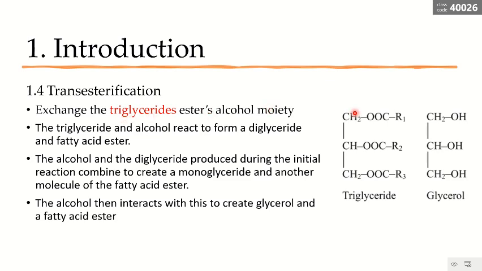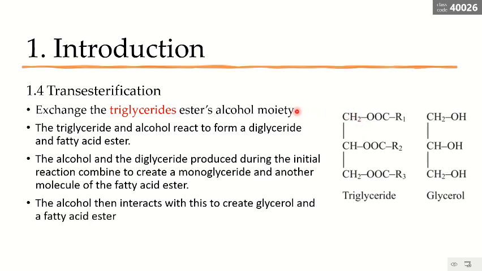So this triglyceride looks like this, right? This is the alcohol moiety. The other side is the acid. The R1, R2, R3 are the long CH aliphatic chains. So we are going to change this alcohol part to a simpler one.